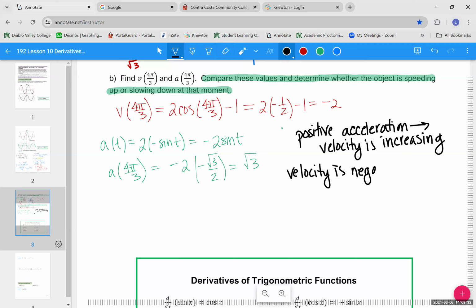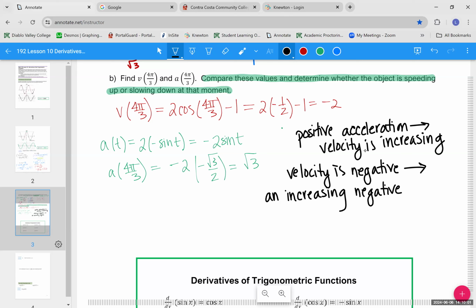It's a negative number. So if a negative is increasing, an increasing negative is going which way? Is it getting more negative or less negative? It's getting less negative. If it's increasing, it's getting a higher value, which means for a negative number, it's getting closer to 0.